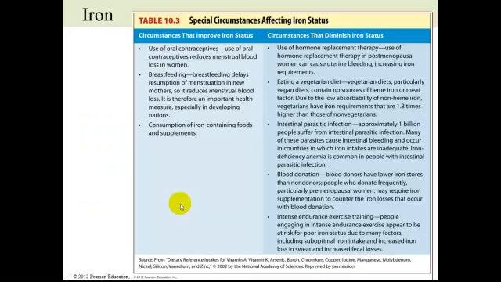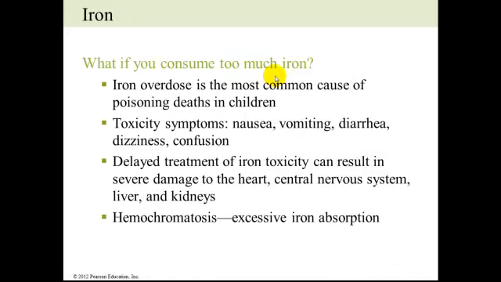Now, there are some special circumstances that can affect iron status. So take a look at this. This has to do with some individuals who may have improved or diminished iron status, because simply how much iron you're taking in isn't the only thing to take into account. You also have to consider how much iron you're able to absorb, right? And you absorb iron better when you have low iron stores.